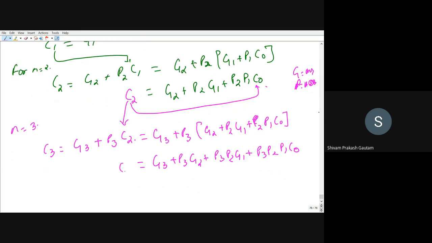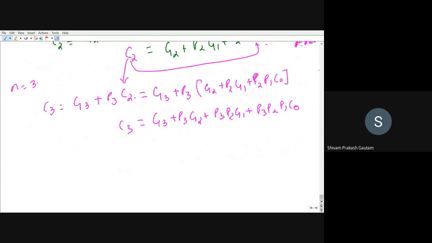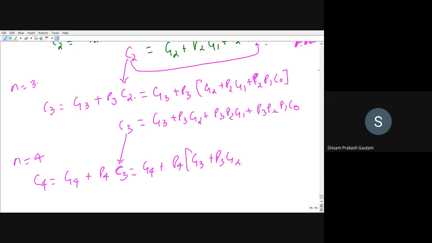This is our C3. Similarly for 4-bit, because we are doing a 4-bit adder, this is n equal to 4. So C4 will be equal to G4 plus P4 into C3. The value of C3 you have to put from here to here. So this will be G4 plus P4 into G3 plus P3 G2 plus P3 P2 G1 plus P3 P2 P1 C0.